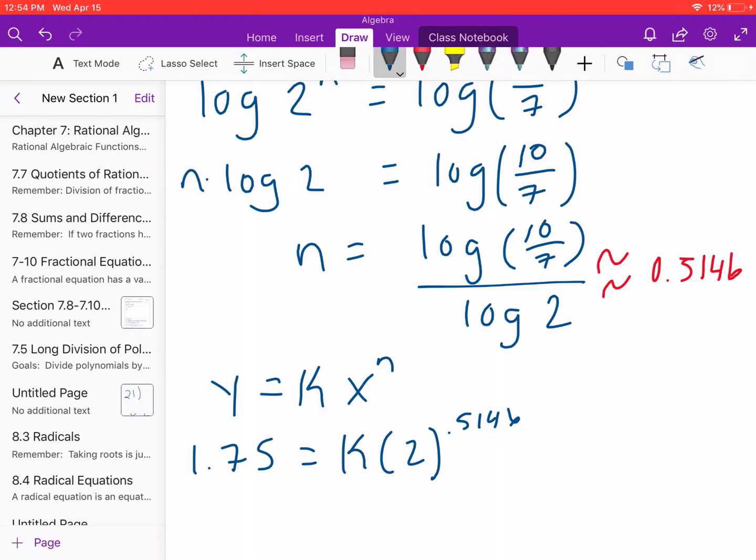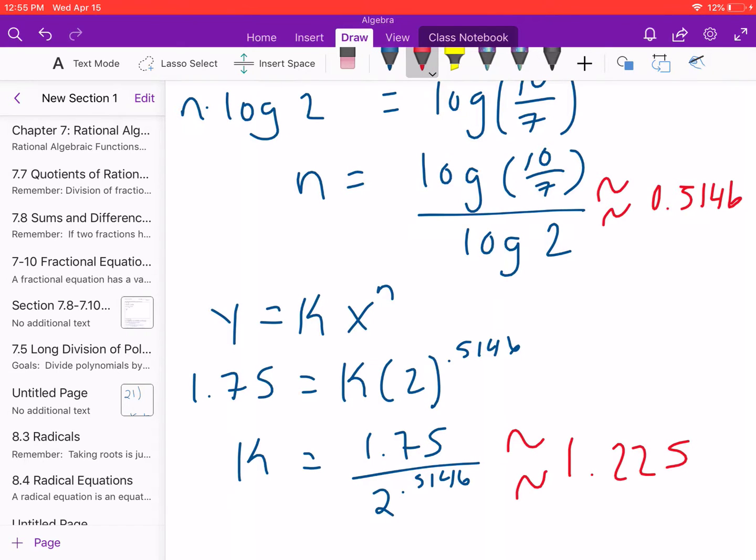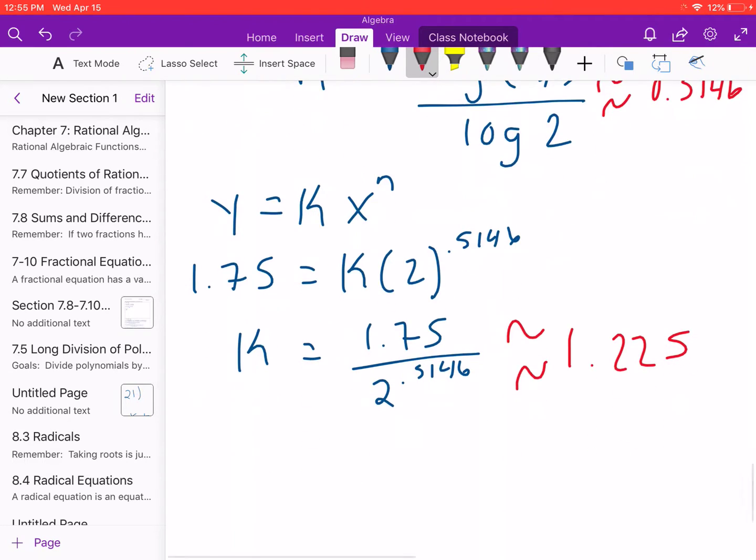And now that we have that value, we can take that n and plug it into both of our equations. In order to find our answer, we take our equation of y equals k times x to that value, and we're going to plug in our ordered pair. Our first one is 1.75 equals k times 2, all raised to the 0.5146 power.